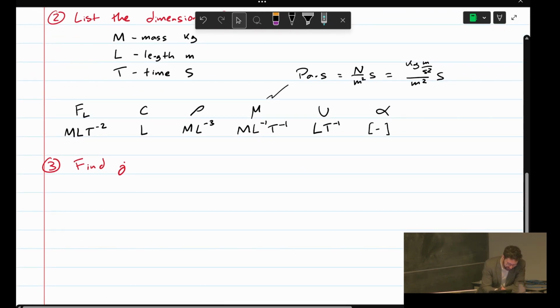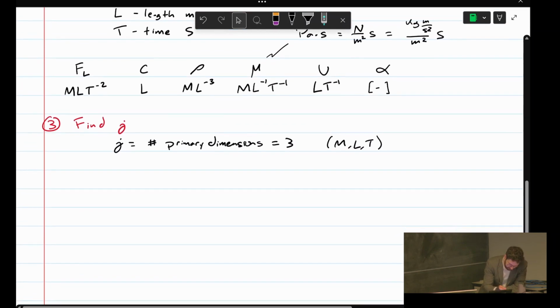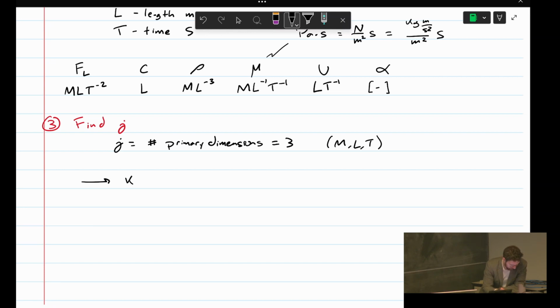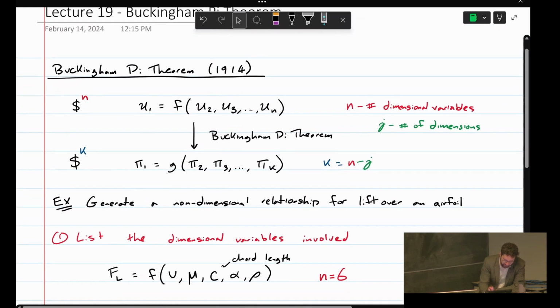Okay, so we said J equals number of primary dimensions equals 3. So M L T. This means now we can find K. So K is N minus J. You go back up to the theorem at the top.